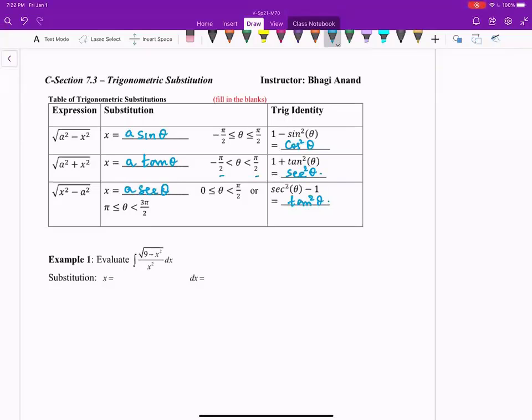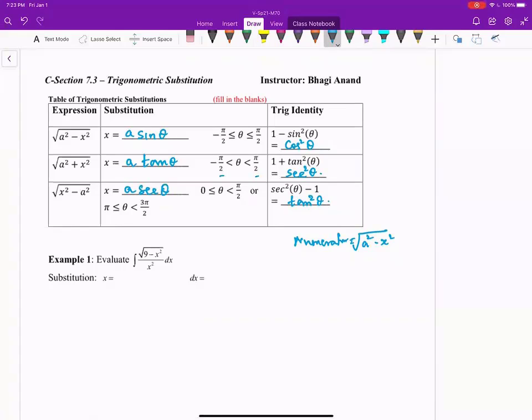If you look at it, the numerator is of the form a squared minus x squared, so it is number square minus x squared. If you go by the expressions in the table, it resembles the first one.